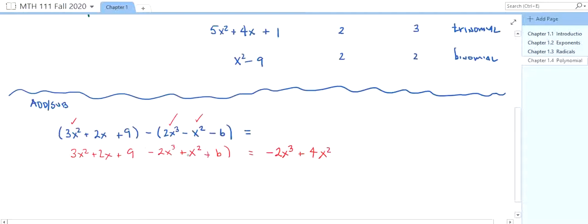You add the 2 of them together: 1x squared plus 3x squared is 4x squared. Now the x's. Here we only have 1, so plus 2x. And finally, our constants: 9 plus 6 is 15. So even though this was a subtraction, a lot of the terms end up being positive just because of the signs that were in front of the terms.